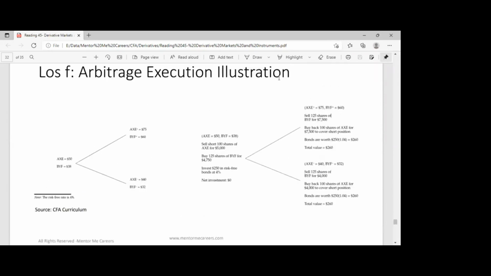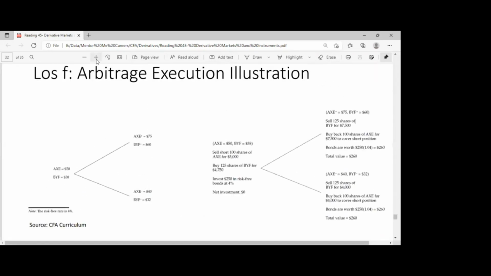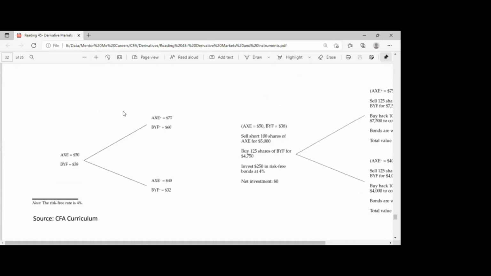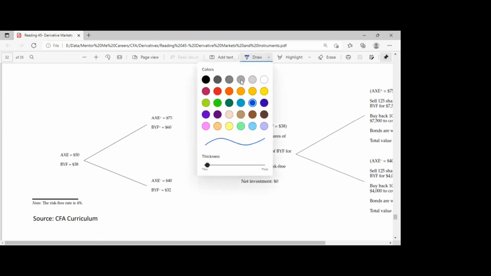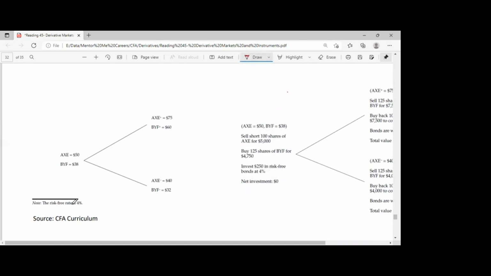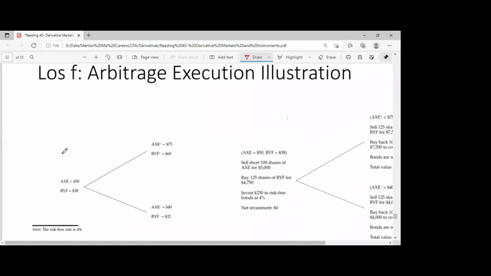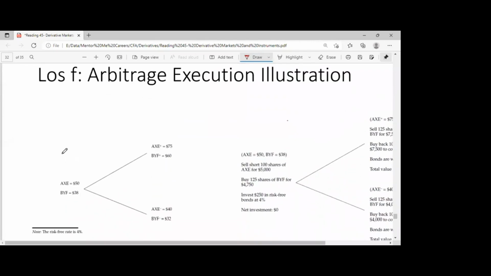Yeah, so this example, so what is the situation here? The situation is that we have two stocks, I think, AXY and PYF, जिनकी अभी current price is $50 and $38 each.